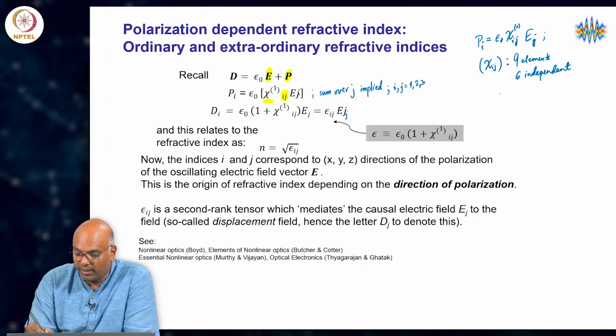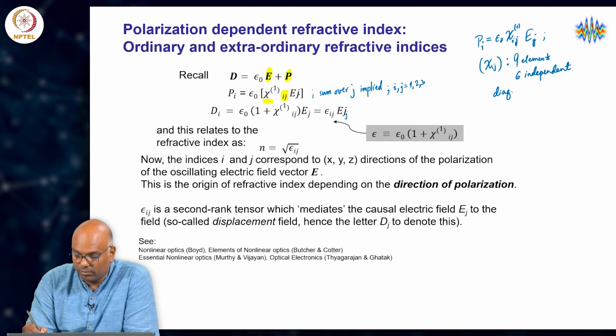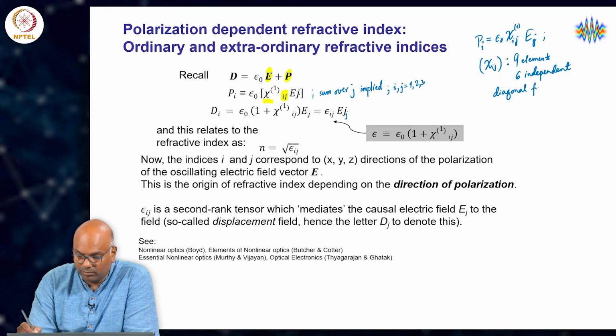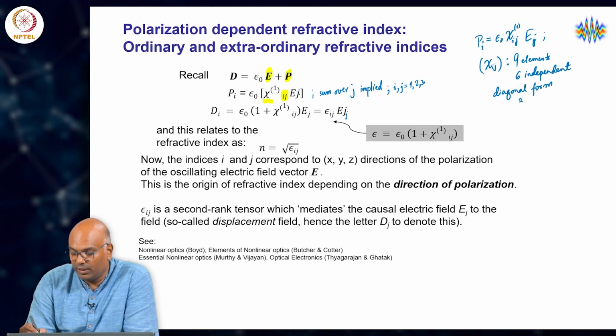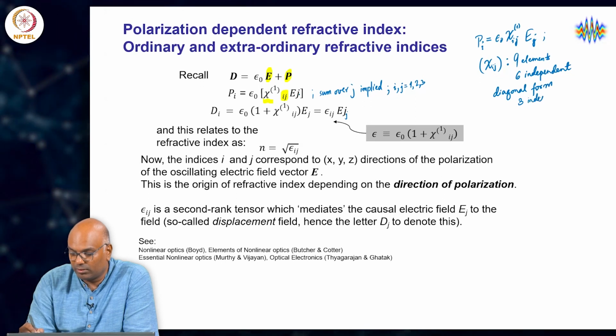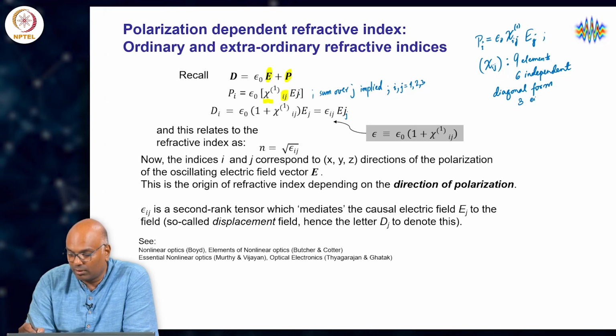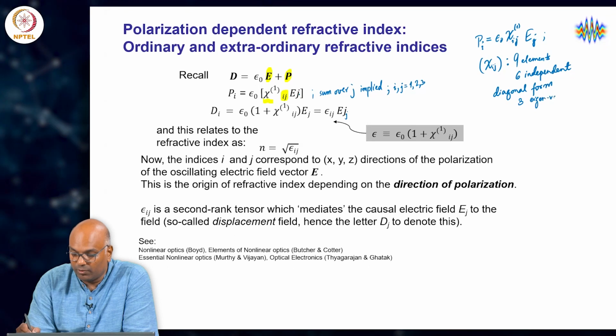In the diagonal form we have 3 eigenvalues.